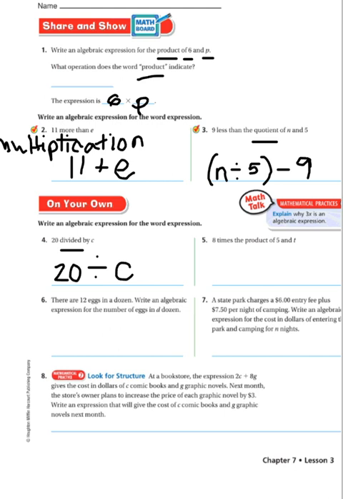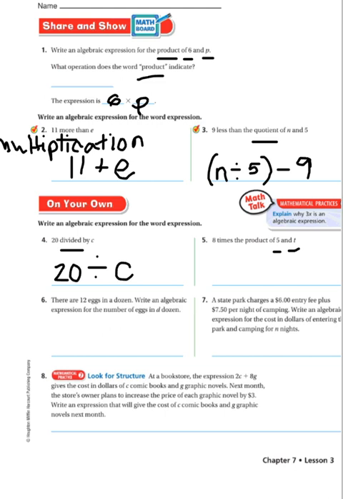Number 5. 8 times the product of 5 and t. Look back on the very first page next to your examples, and they give you 4 ways to write the product of a number and a variable. I'm going to write them next to each other.